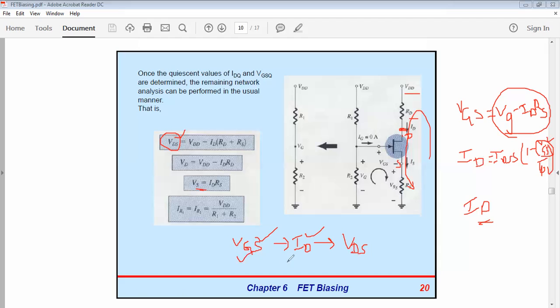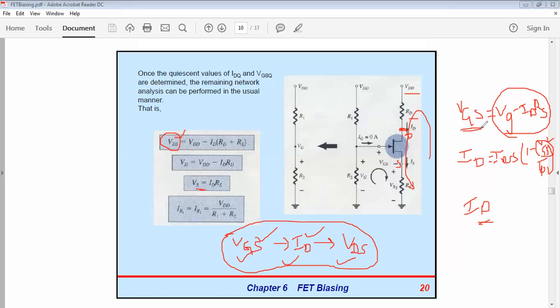This is input voltage, output current, and output voltage. Like that, we can easily analyze the voltage divider bias circuit. Once again, first of all, simplify the gate network applying Thevenin's theorem. Find VThevenin at the gate terminal, RThevenin at the gate terminal. Then apply KVL to the loop. Then derive the expression for VGS.